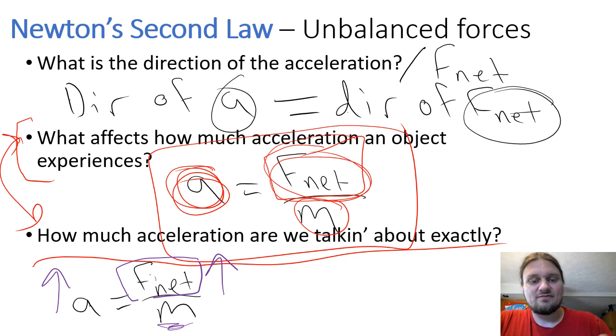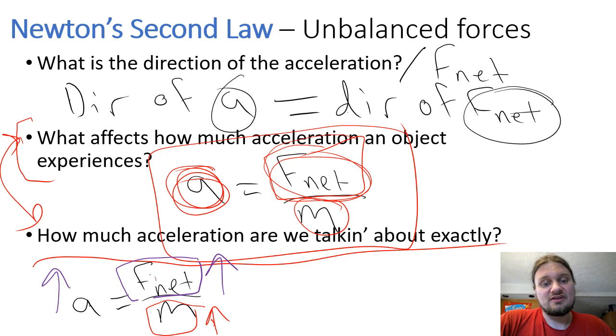Now, if we do a little switcheroo, let's say we increase the mass. So we increase the denominator while keeping net force the same. Then if the denominator of my fraction gets bigger, the overall number is going to go down. As my mass goes up, the acceleration goes down. And unlike most things in physics, this kind of makes intuitive sense.